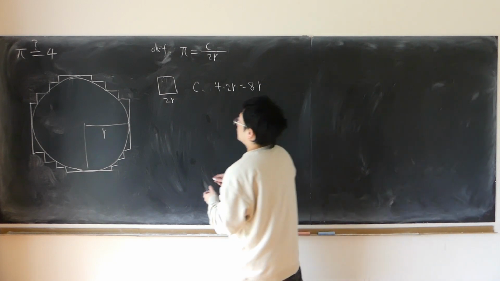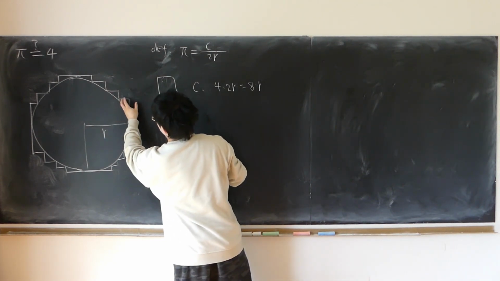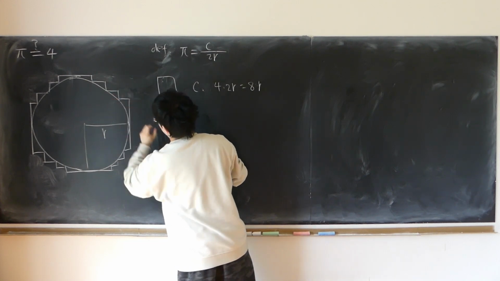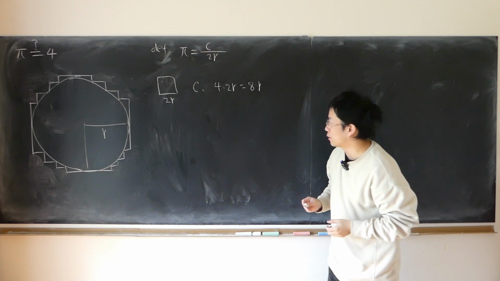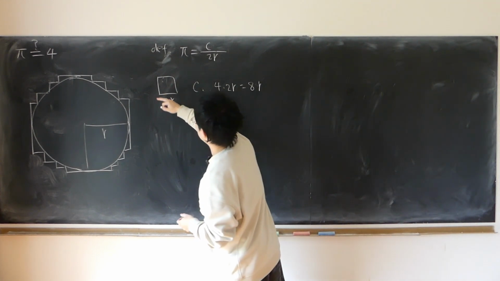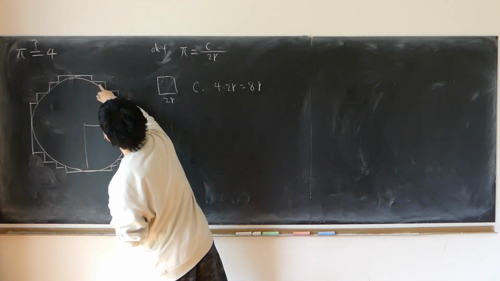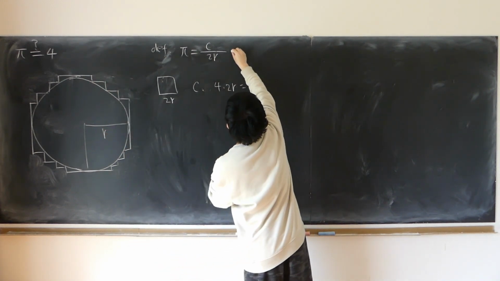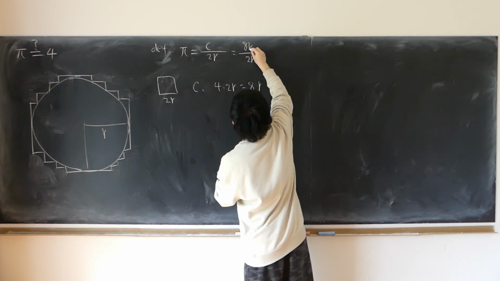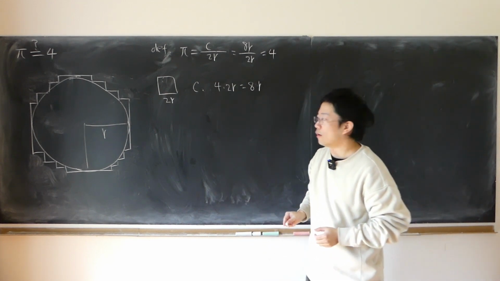Here the circumference of this shape is getting closer and closer to the circumference of the circle. So eventually the circle circumference is going to equal 8r, the same as the square, the same as this shape. So eventually we have 8r over 2r, 4. So what exactly went wrong?